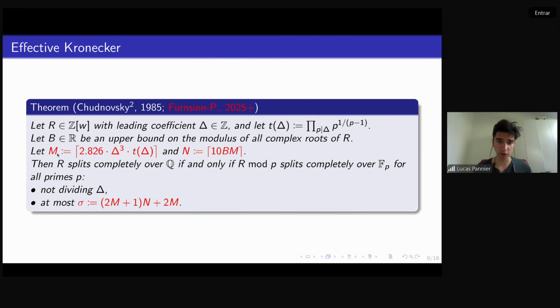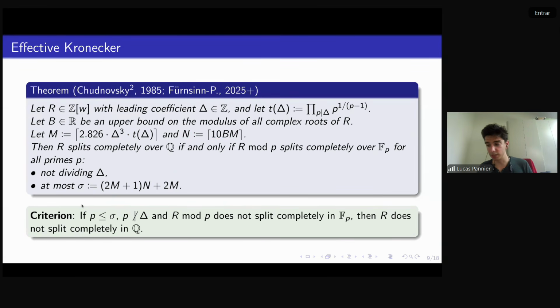So this is what we hoped for. This is an effective statement of Kronecker's theorem with an explicit bound sigma. This theorem was proved using Padé approximation, which is a very effective tool, and this is what allowed us to make explicit the value of this sigma.